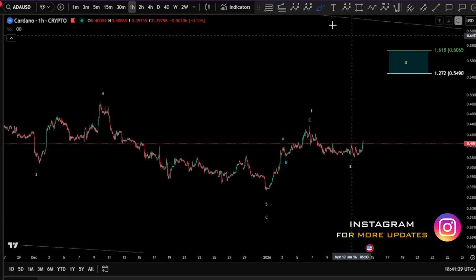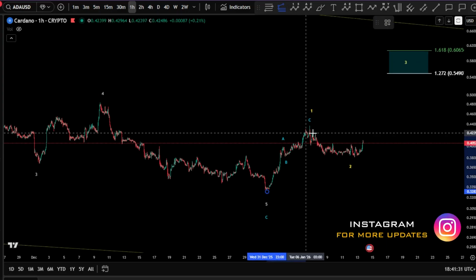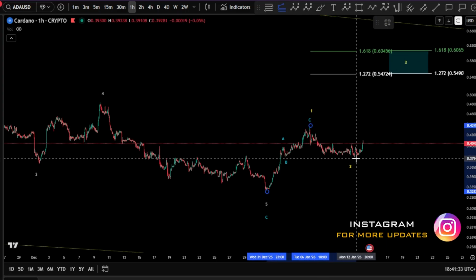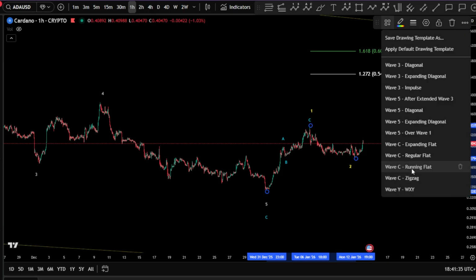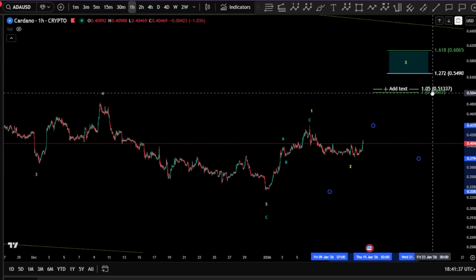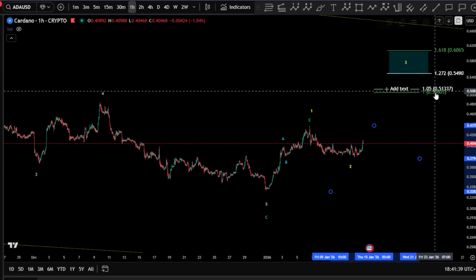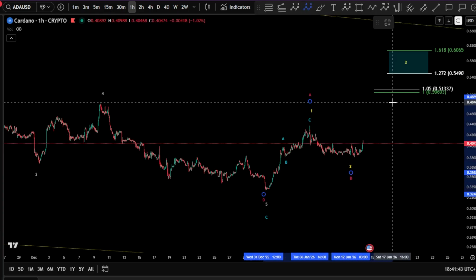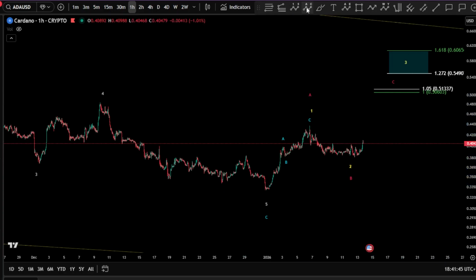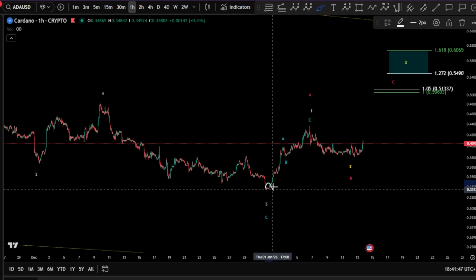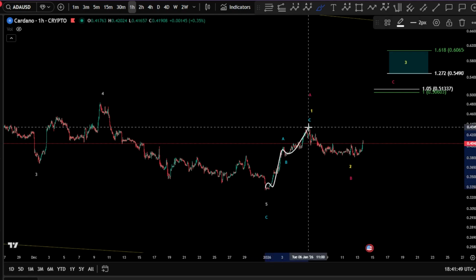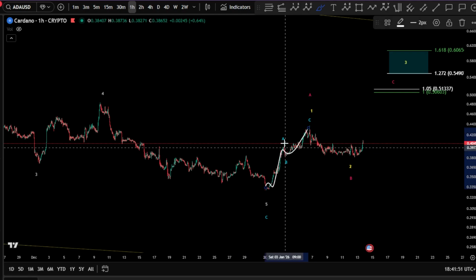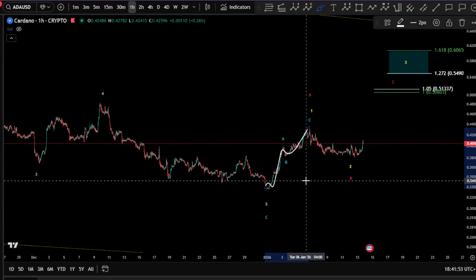Still, to reach something corrective here, it can be, of course, kind of like wave C in a regular flat, potentially reaching this high as a wave C, meaning an A, B, and a C over there. Now, in case it is a 1, 2, 3, 4, and a 5, which I doubt a little bit internally, all of it looks like one impulse.